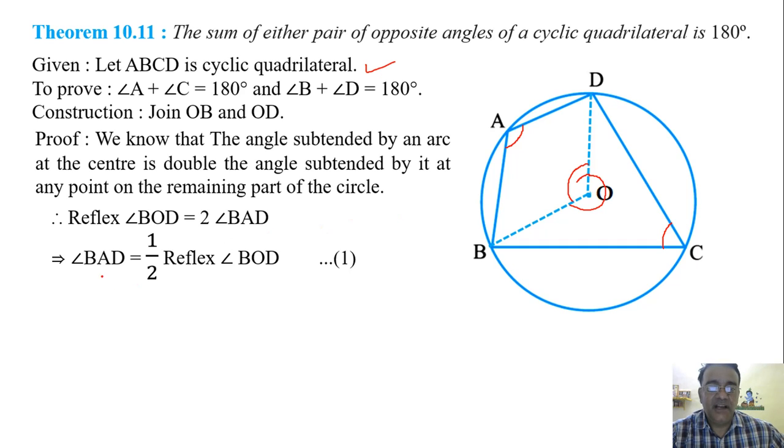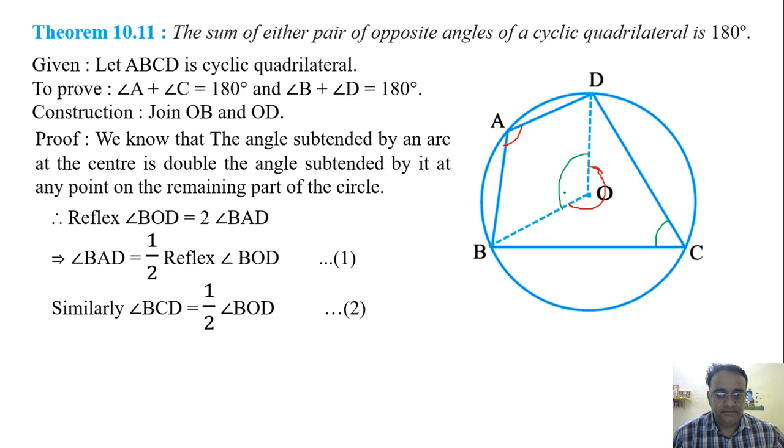Angle BAD is half of the reflex angle at O. One minute, I will change the color. What I am drawing in red is the reflex angle. This will be 2 times this angle. And this angle is 2 times this angle. So angle BAD is half of this reflex angle, and angle BCD will be half of angle BOD. Clear?